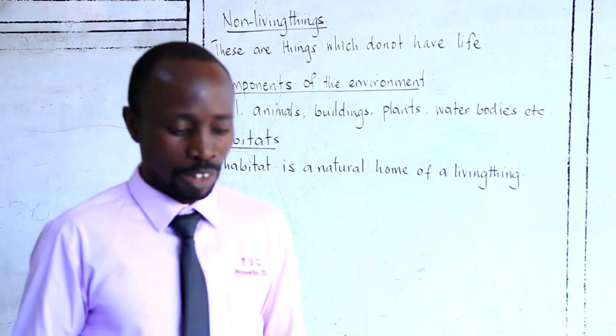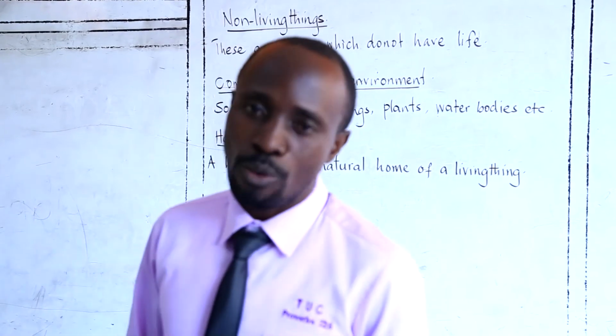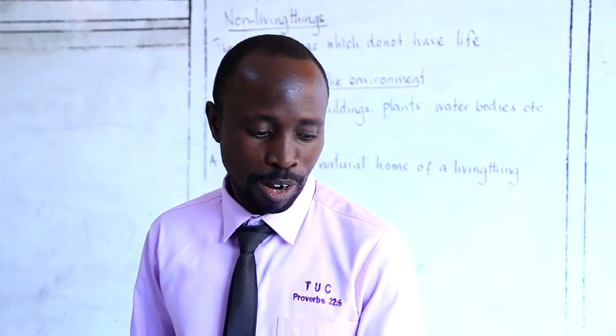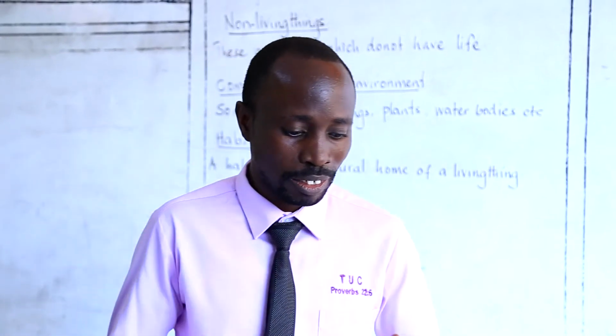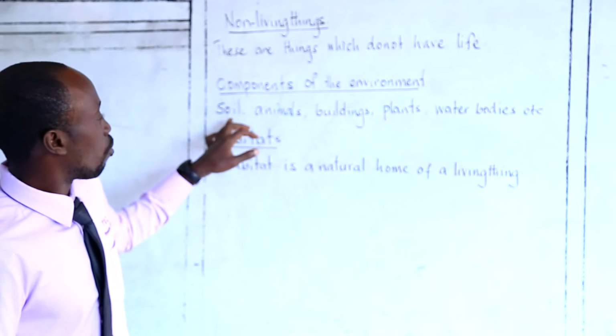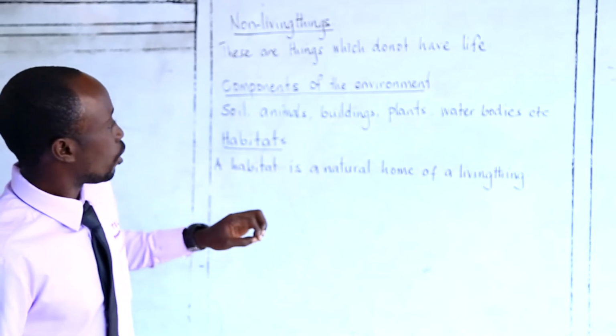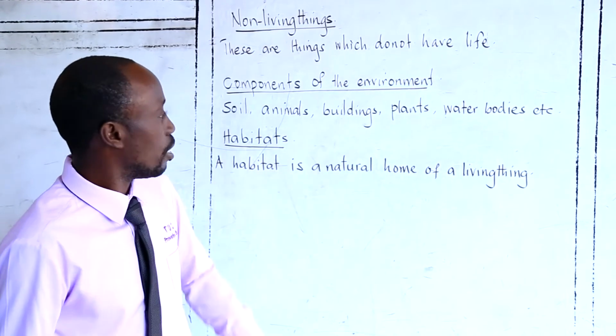You learned about habitats so often in your P1, in your P2. What are some of the examples of these habitats? We talked of soil, water bodies, even plants, and even buildings.